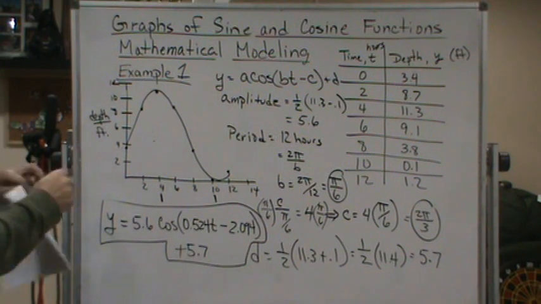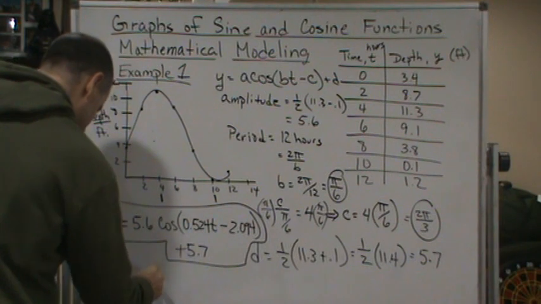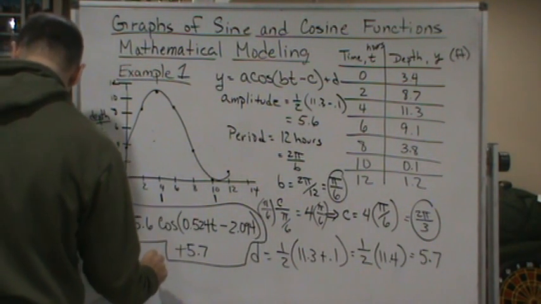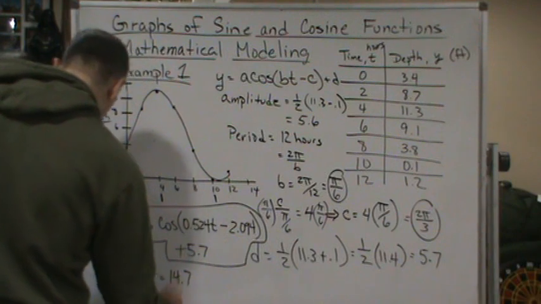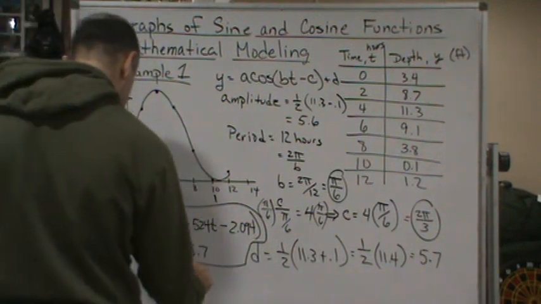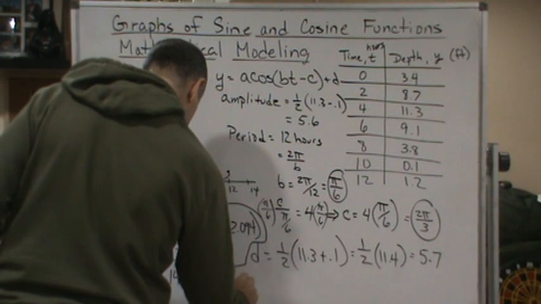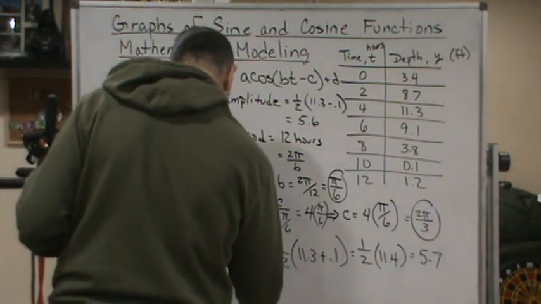And so when you do that, you should get any time from t equals 14.7 to t equals 17.3.